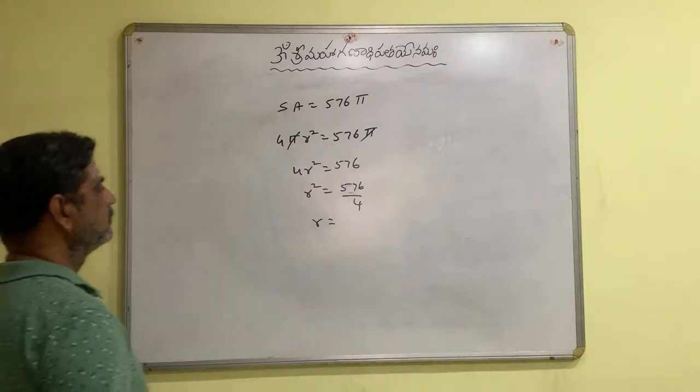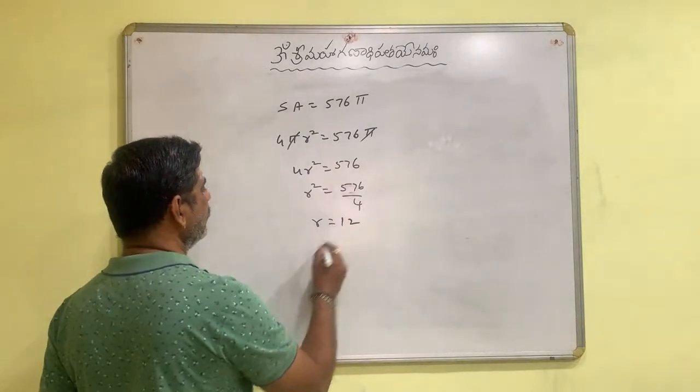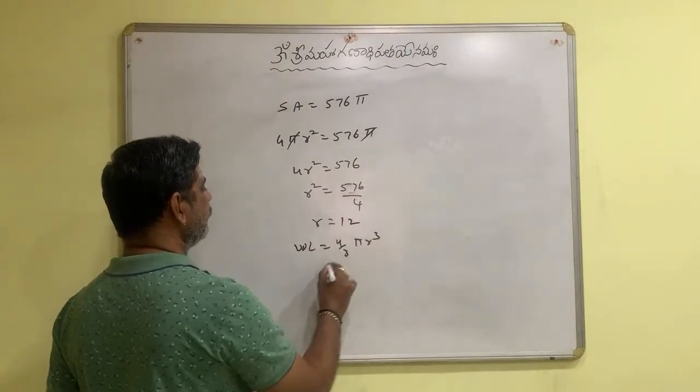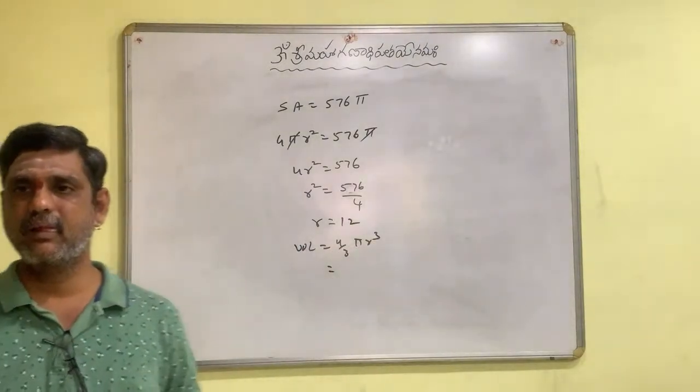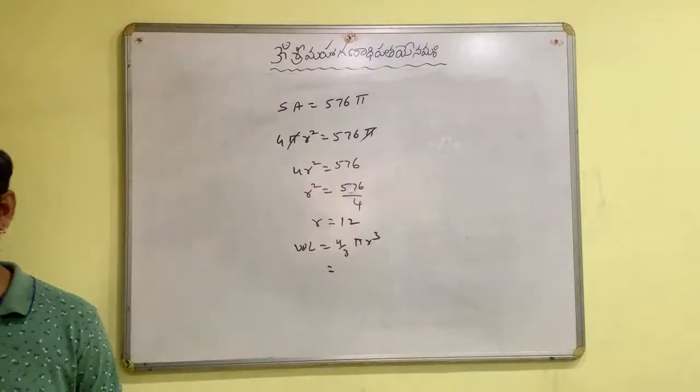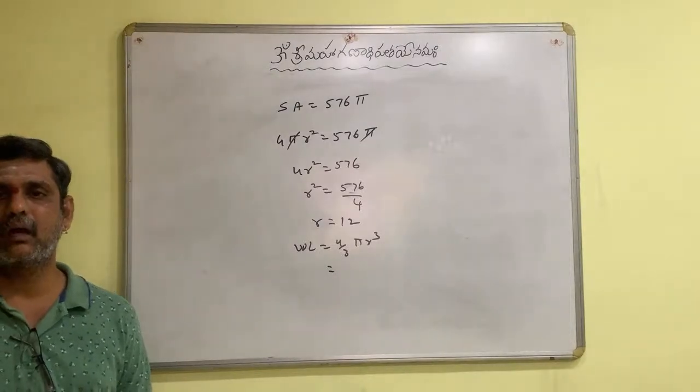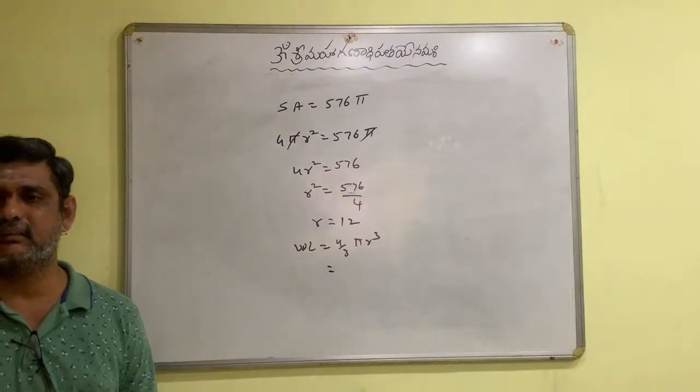Right. So radius is 12. Now find out volume. 4 by 3 pi r cube. Find out volume, children. Find out volume and say the answer. R we got 12 centimeters, na?